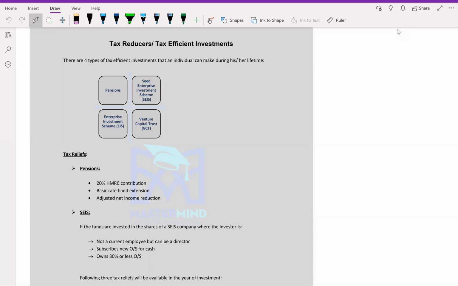This topic is within your ATX syllabus. Now, the point is that in any developed country, or a nation that wants to promote investment and business within their country, the revenue department of the government creates certain tax laws to attract investors and give them incentives, because obviously they're putting in their hard earned money.